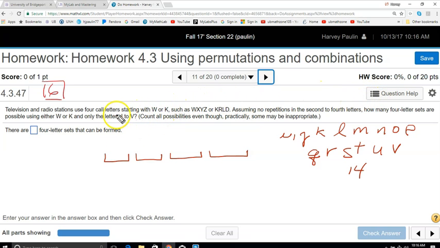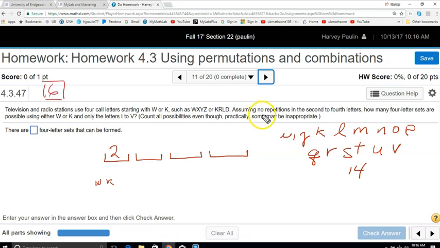So we know that in a radio or TV station, they need 4 letters as their call letters, so to speak. And in the first position, we're going to use a W or K. So there are 2 possible values that we can use there.